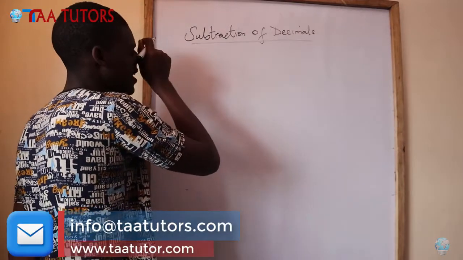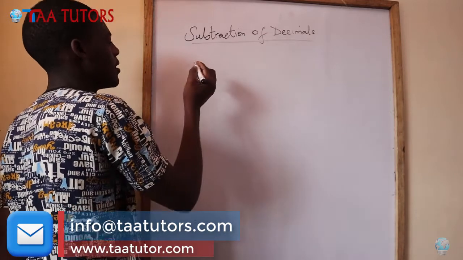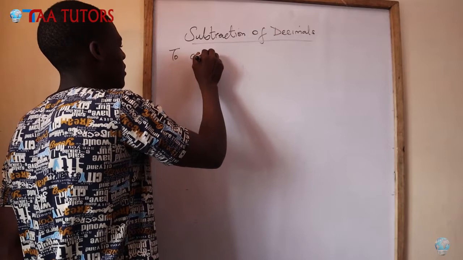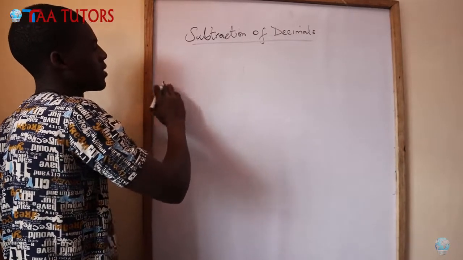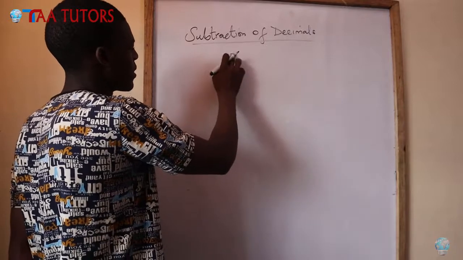The thing we are doing in subtraction of decimals is just the same as what we did in addition, just to arrange the digits of the number correctly according to their decimal places.